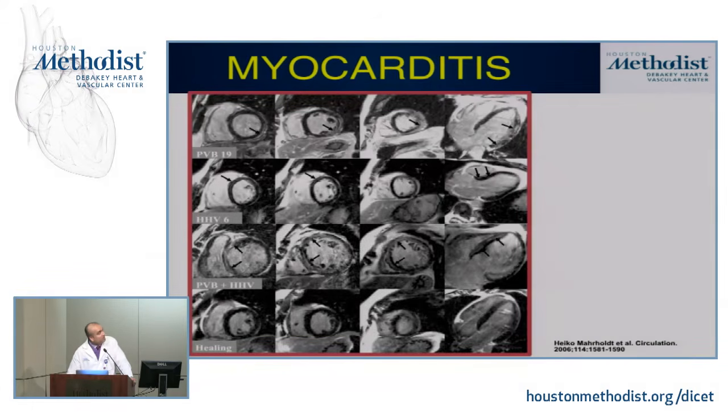What they also went on to demonstrate is that the different viruses tend to have a predilection for different regions. So the parvovirus, which is shown in the very top panel, tends to preferentially affect the lateral wall, whereas the herpes type 6 virus tends to have more of an effect on the septum, causing that mid-wall septal scar pattern that we see.